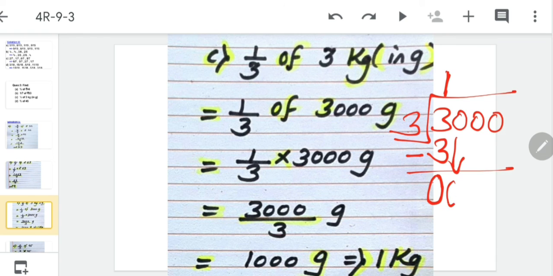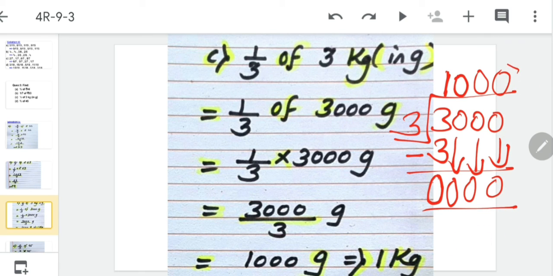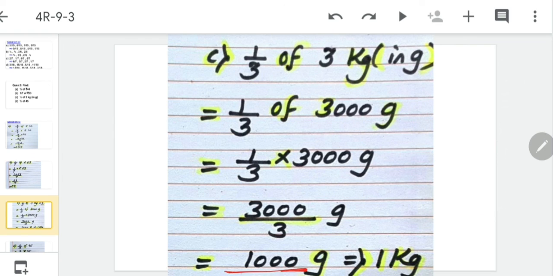Now for this 0, we have to place 0 here. For another 0 also, and for the last one also. Okay, so our answer is 1000 gram. Now if we have to convert this answer in kilogram, we all know that 1000 gram is equal to 1 kilogram.